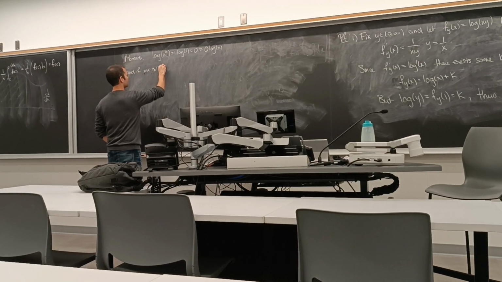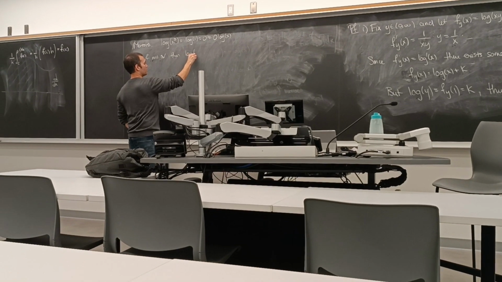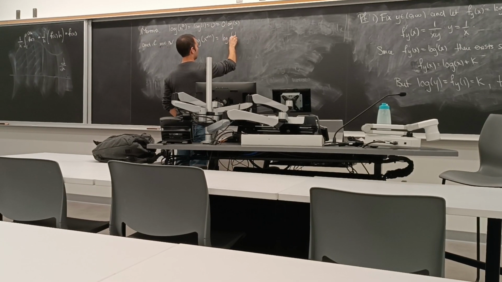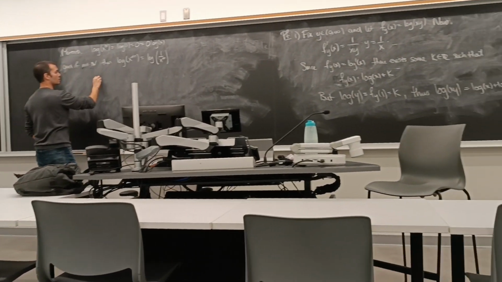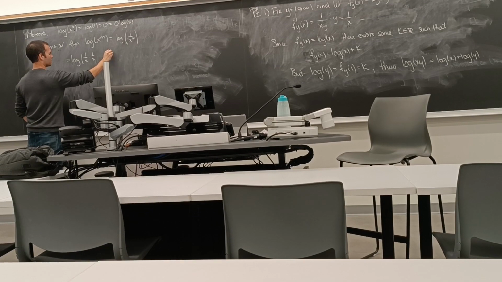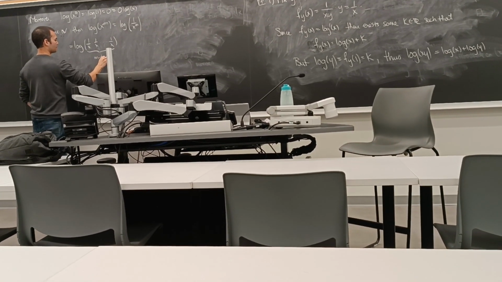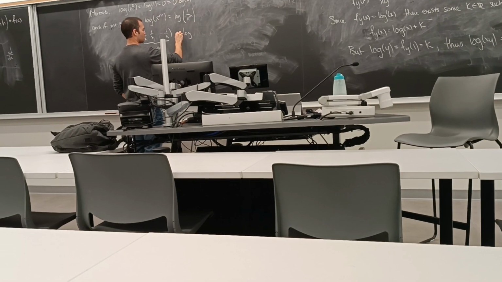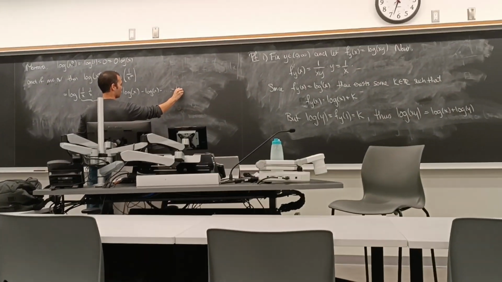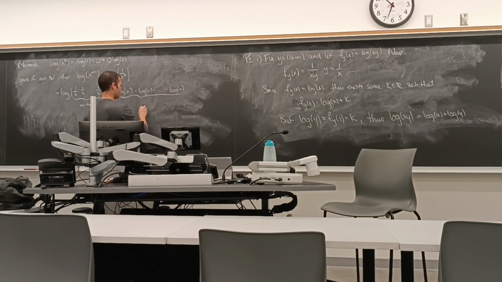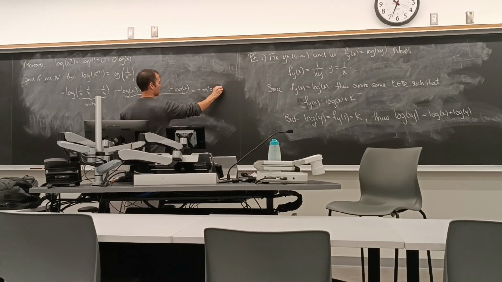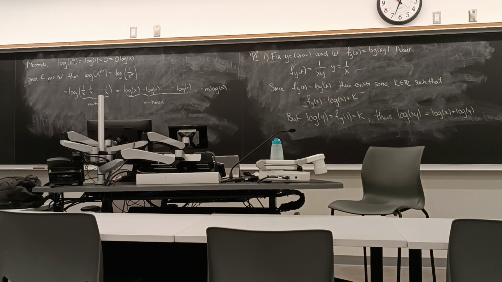Then log x to the negative m is log 1 over x to the m, which is log of 1 over x times 1 over x times 1 over x, m times, which is negative log x minus log x minus log x, m times. Great, so it's true for negative numbers as well.